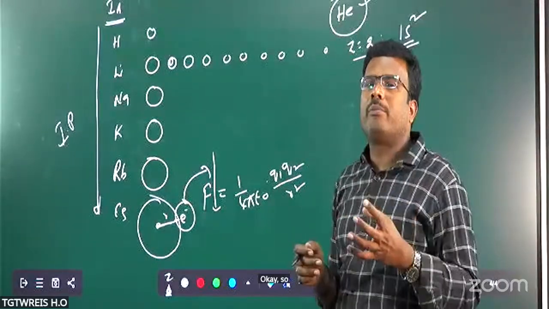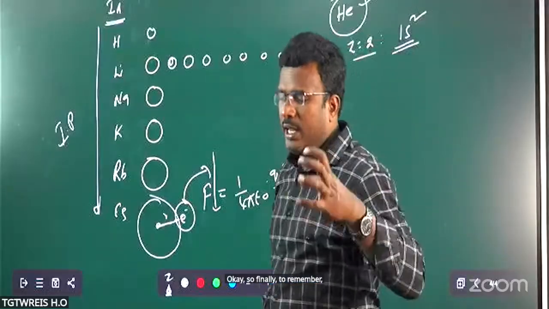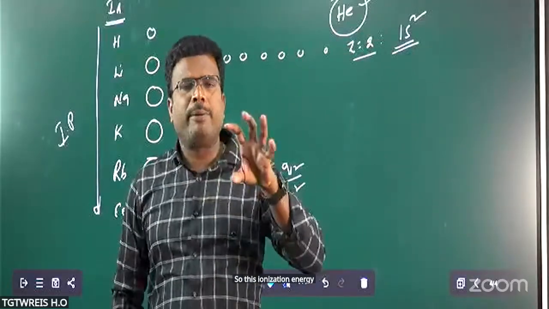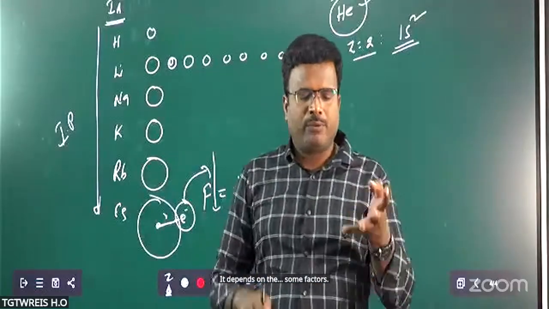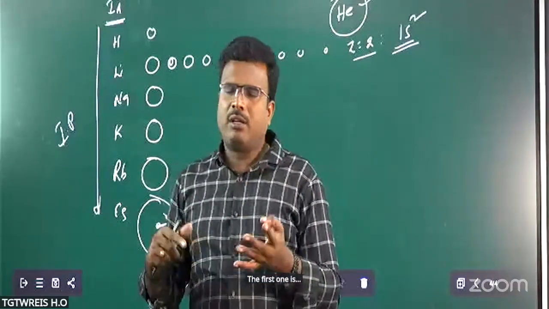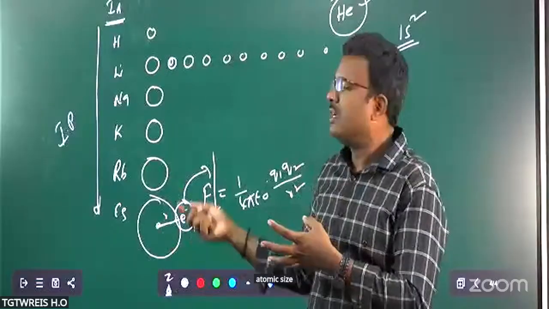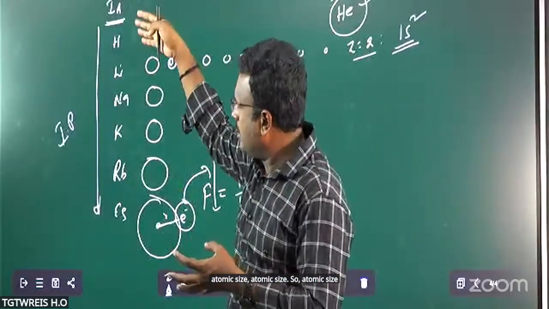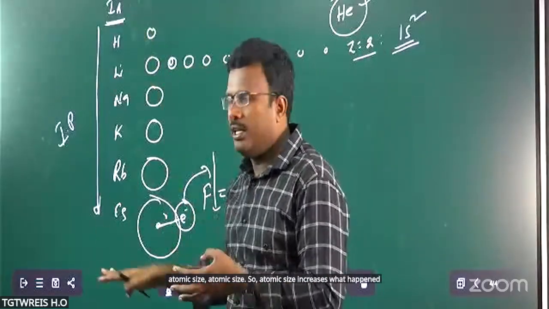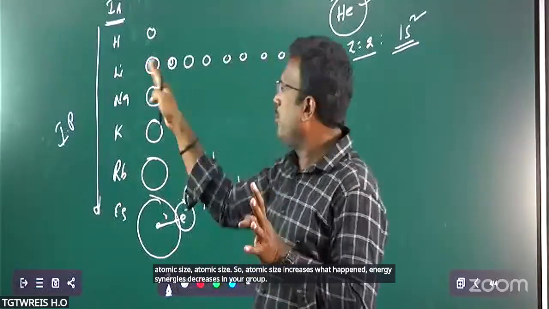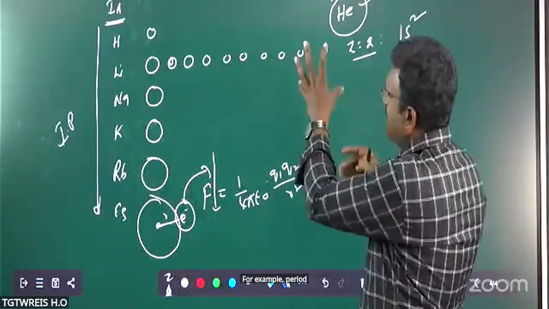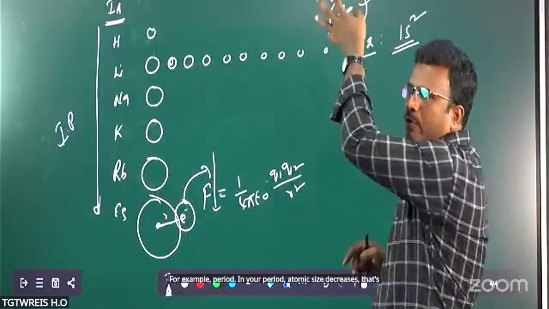So finally to remember, this ionization energy depends on some factors. The first one is atomic size. So when atomic size increases, what happened? Ionization energy decreases in a group. For example, in a period, atomic size decreases. That's why ionization energy is more. Okay.